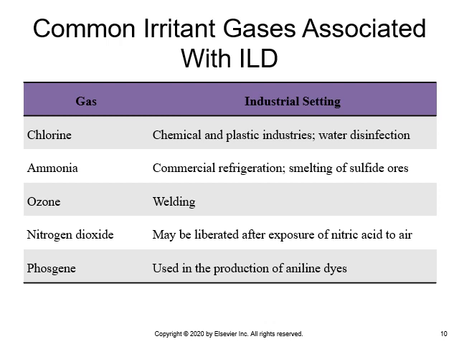Ammonia is found in commercial refrigeration and smelting of sulfide ores. Ozone is found in welding. Nitrogen dioxide may be liberated after exposure of nitric acid to air. And phosgene is used in the production of aniline dyes.